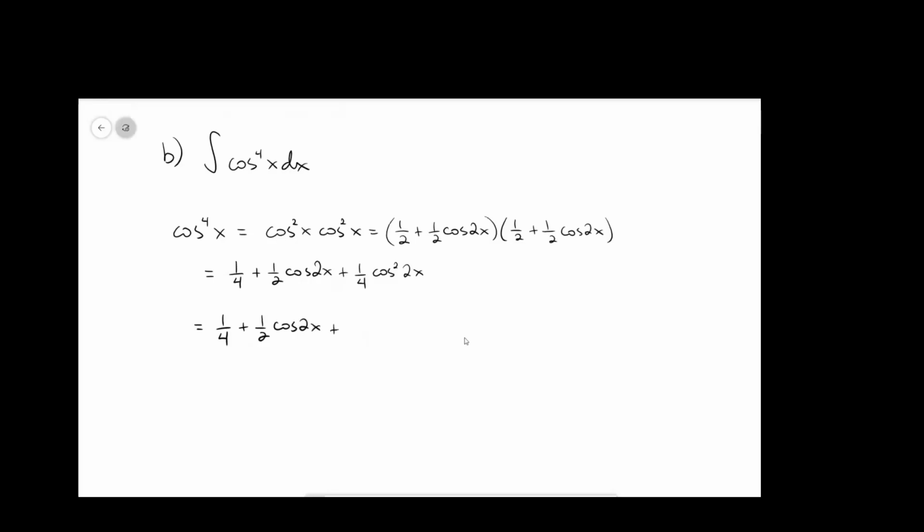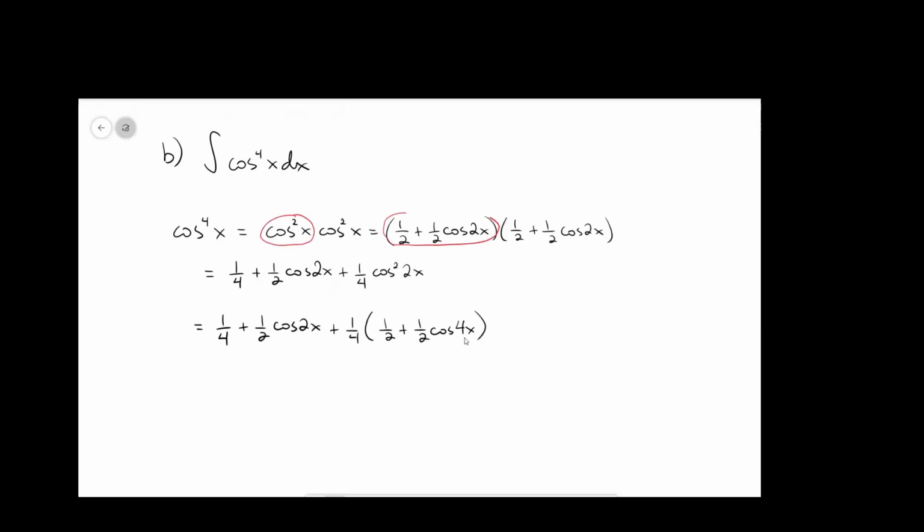So the 1/4, I'm just going to leave it alone, but then that cosine squared 2x, we have to use a power reduction identity on that one also. That's going to become 1/2 plus 1/2 cosine 4x. And why is that? Because if you look at the power reduction identity, just look at this one right here, that became this.